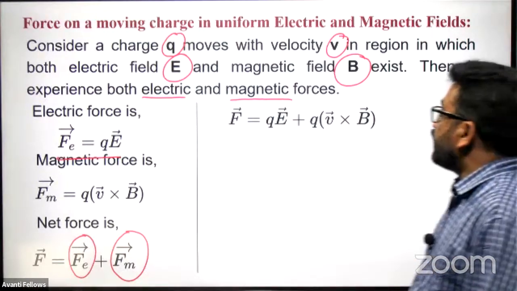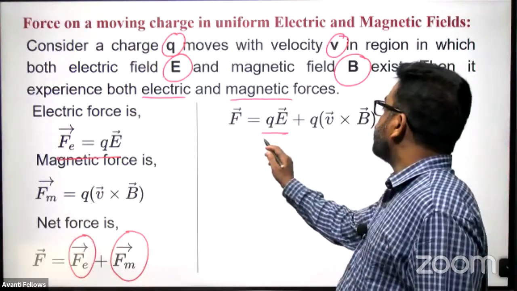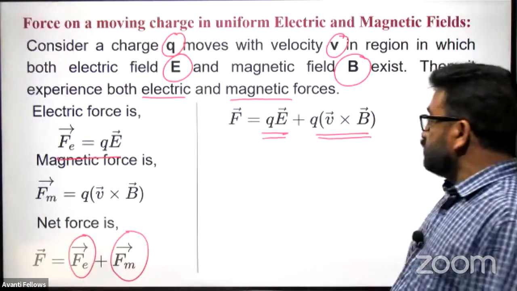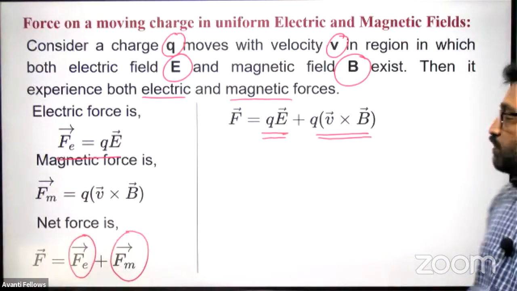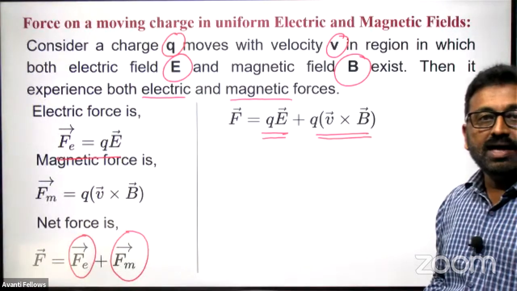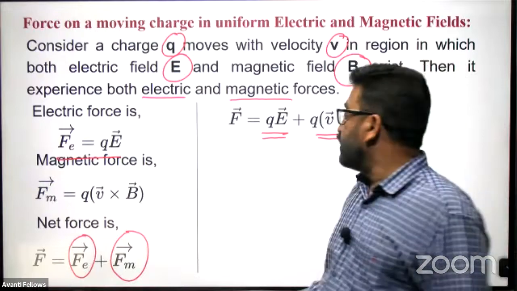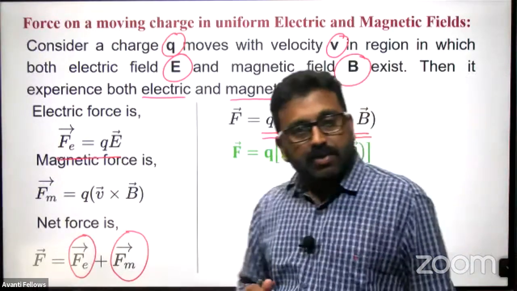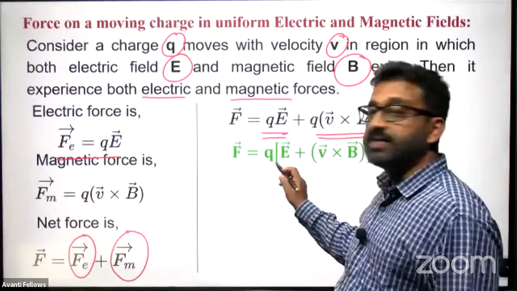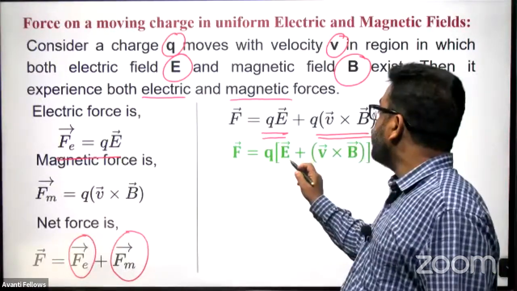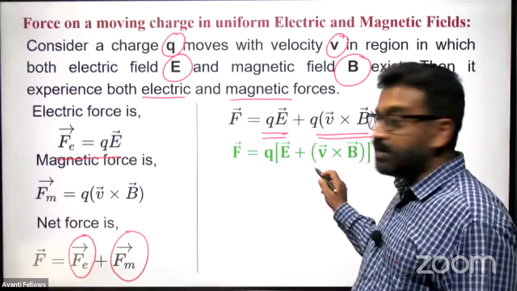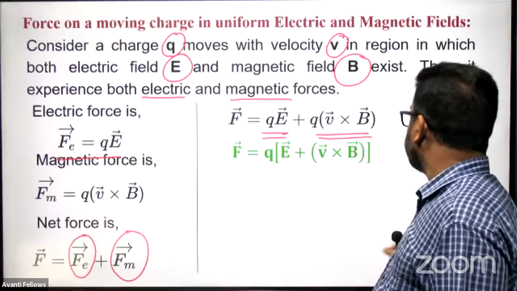So the net force is given as QE, which is the electric force, plus Q into V cross B, which is the magnetic force. Net force is the sum of the force due to the electric field and the force due to the magnetic field. Q is a scalar quantity, so we can take it out: Q times E plus V cross B, where V is the velocity vector and B is the magnetic field vector.